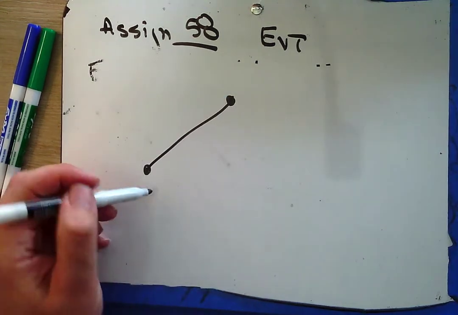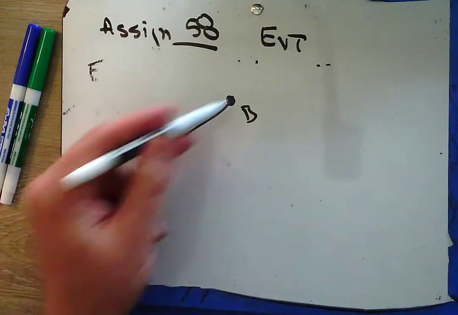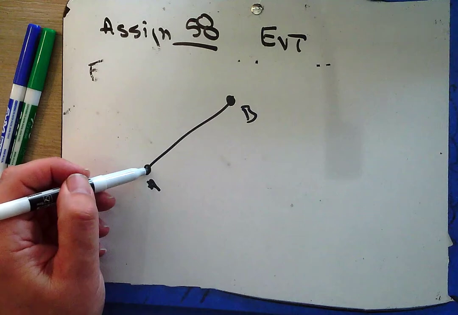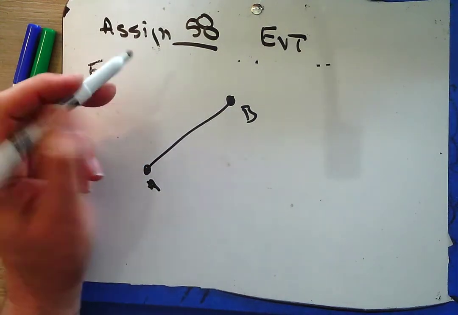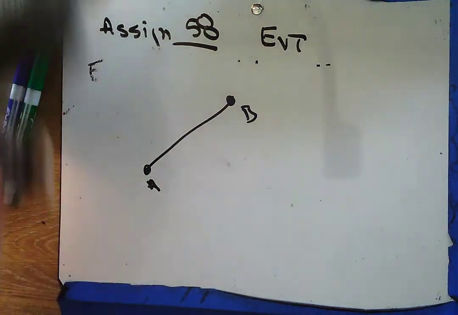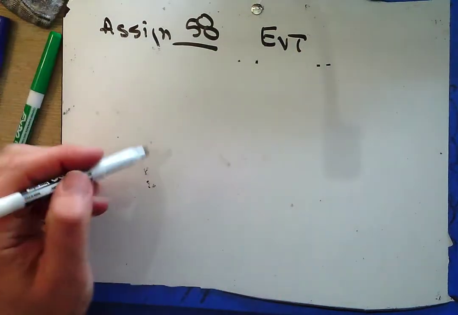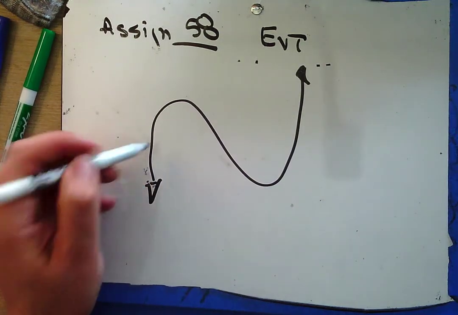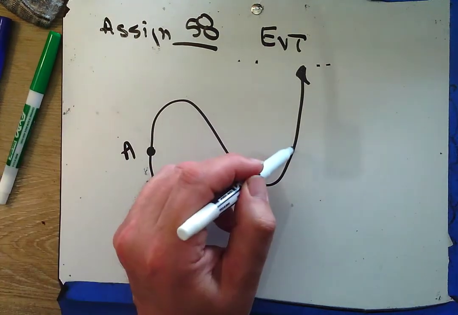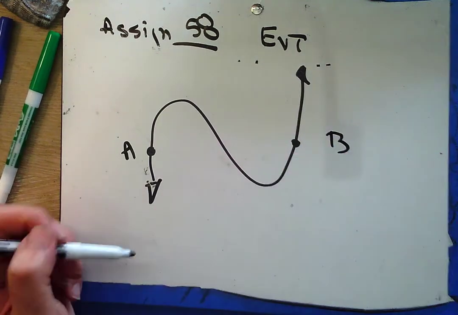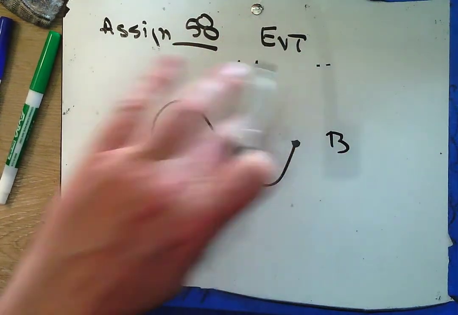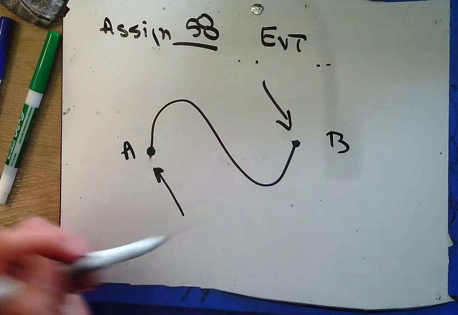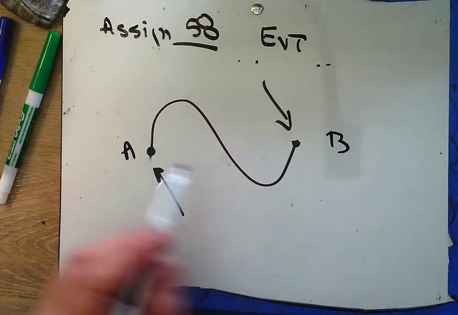Here's a line from A to B. It's continuous, and yes, there's a minimum for this f at A and a maximum at B. Even if we have something like this function, and we make our A and our B here, we see a minimum and a maximum. Isn't that interesting?